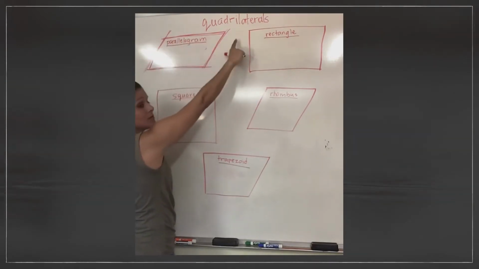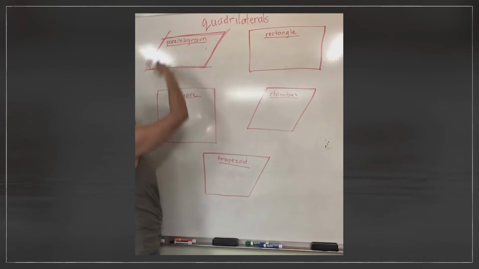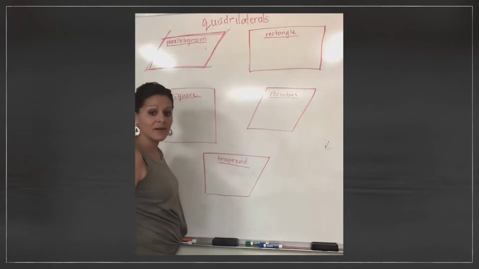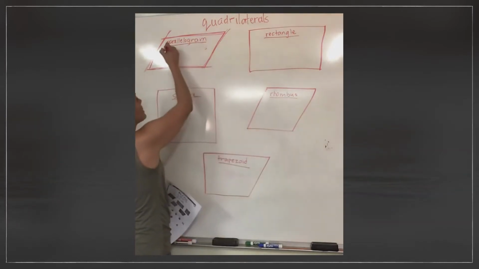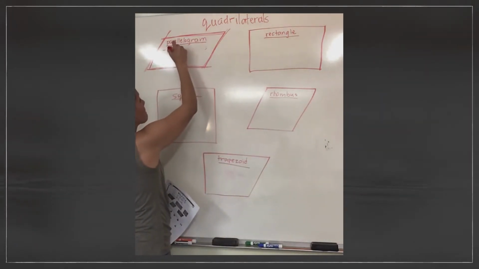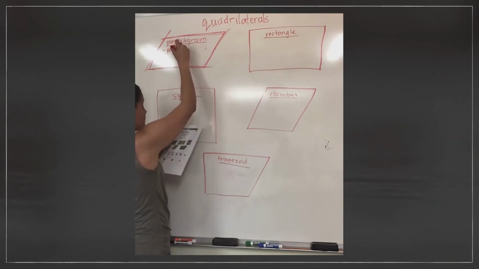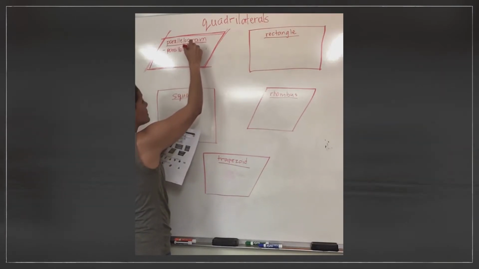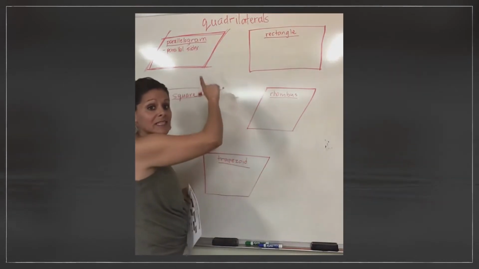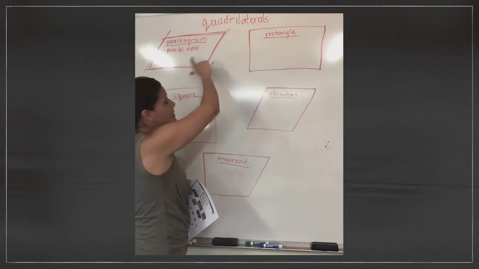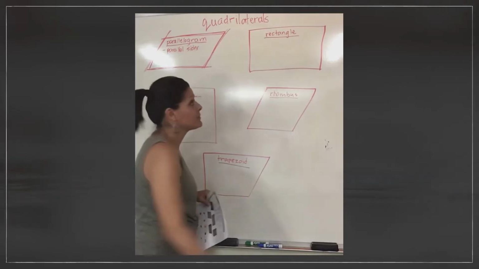So these 2 sides are parallel and these 2 sides are parallel. So it's called a parallelogram. So we're going to put that it has parallel sides. Okay, so this is a quadrilateral, but it's also a parallelogram.